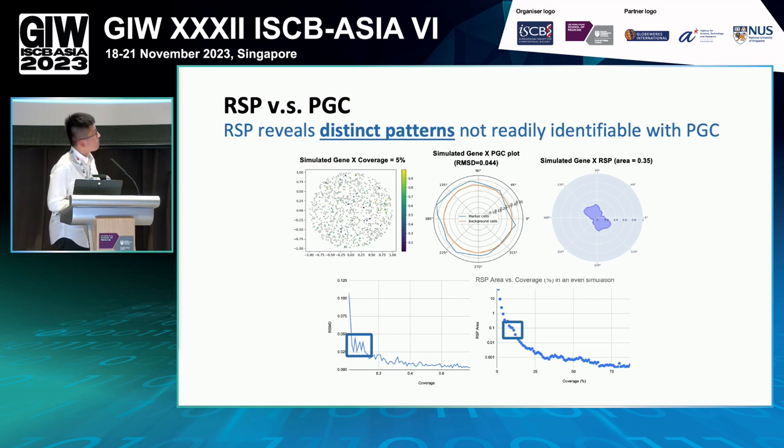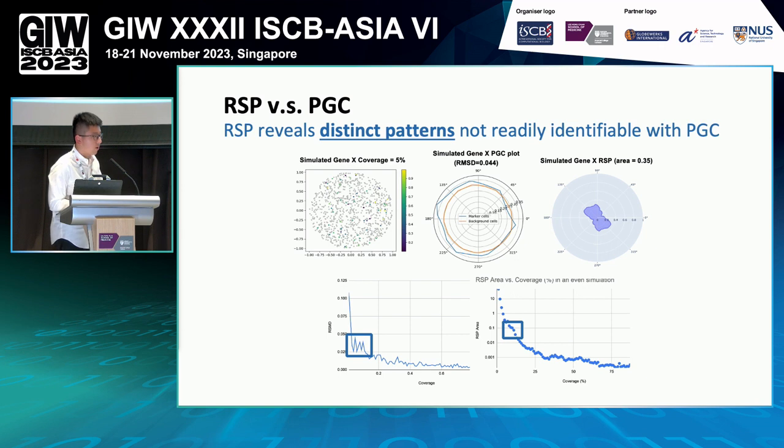So comparing RSP, radar scanning plot, to the polar Gini curve method, we have noticed that it reveals distinct patterns that are not really identifiable with PGC. As you can see here, with a simulation gene coverage of 5%, RSP has a significantly more defined shape when it comes to identifying where the cells expressing the marker gene are, instead of PGC just showing a spike in a general direction.